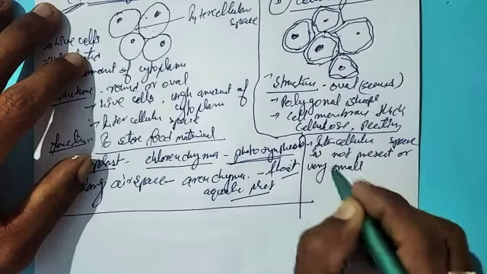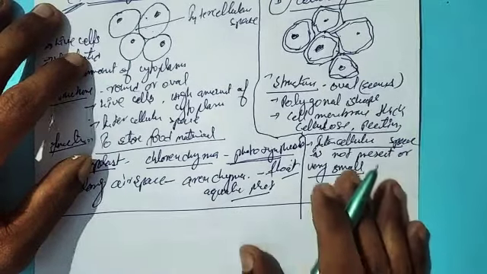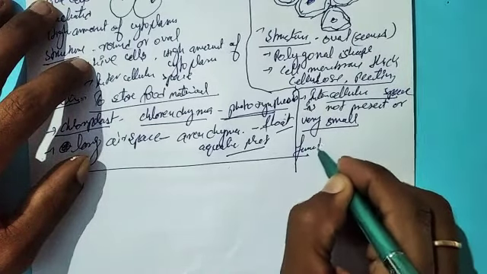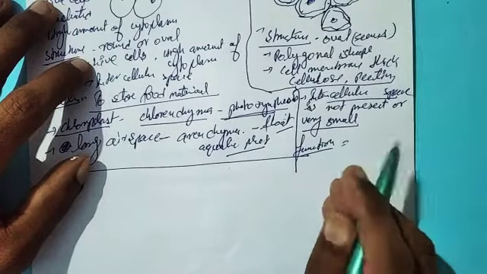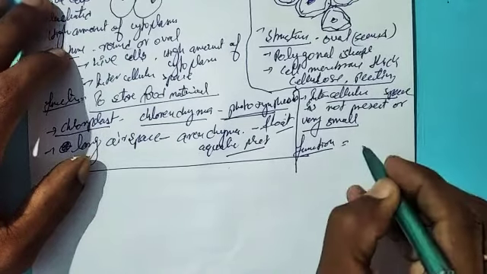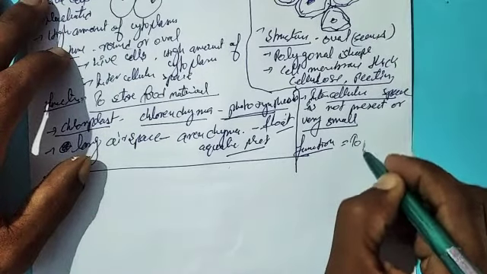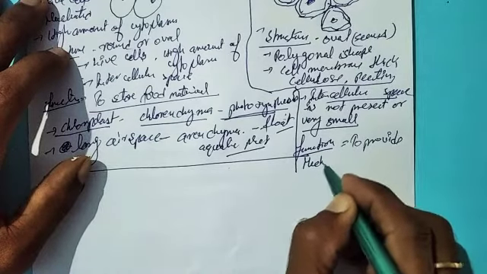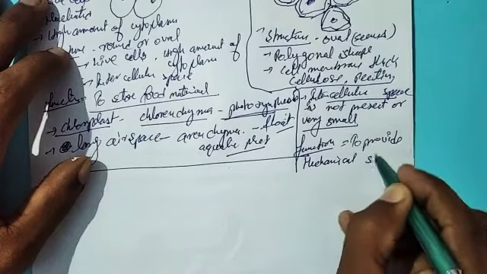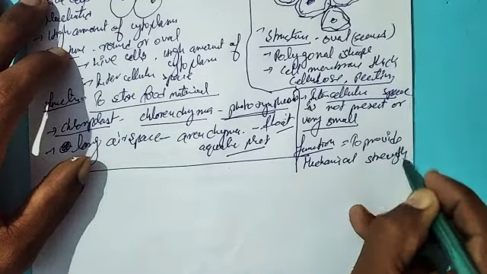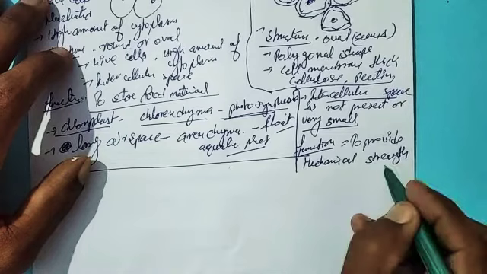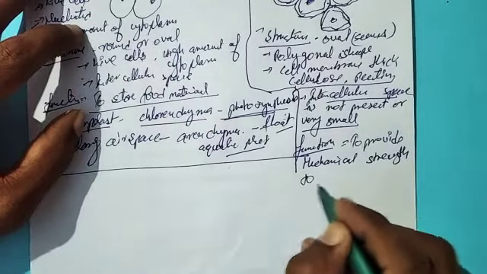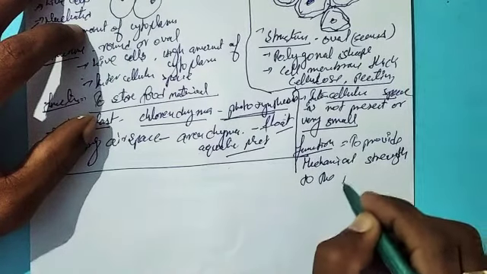Next, the function. The main function of the collenchyma cells is to provide mechanical strength to the plant, to the soft parts of the plant.